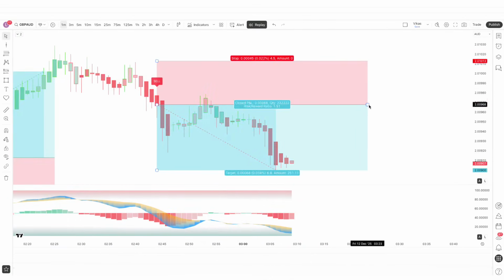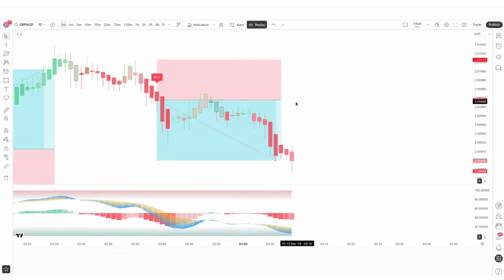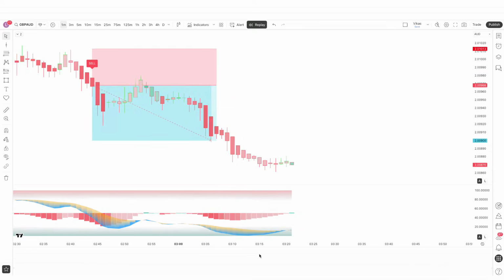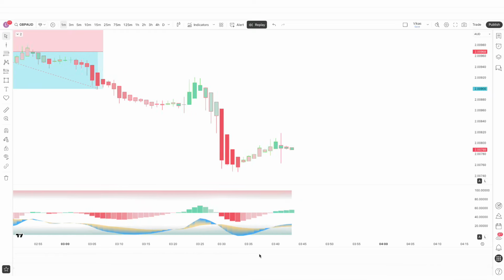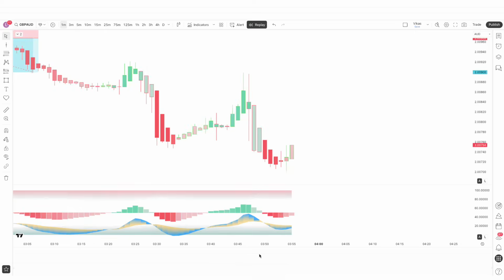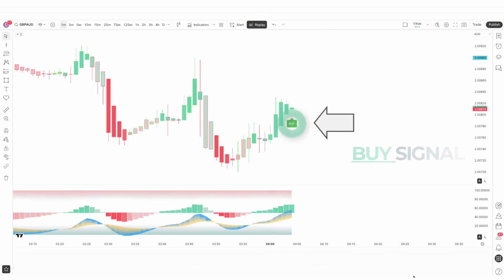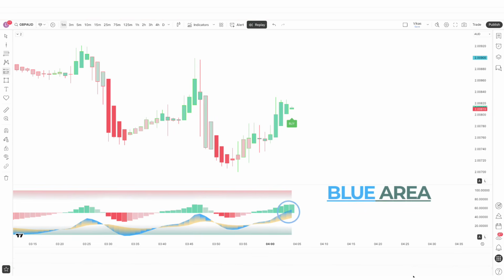Let's find the next trade. Here, the buy-sell signal box of this indicator shows buy signal. Here, the blue area of MACD normalized is above the orange area.